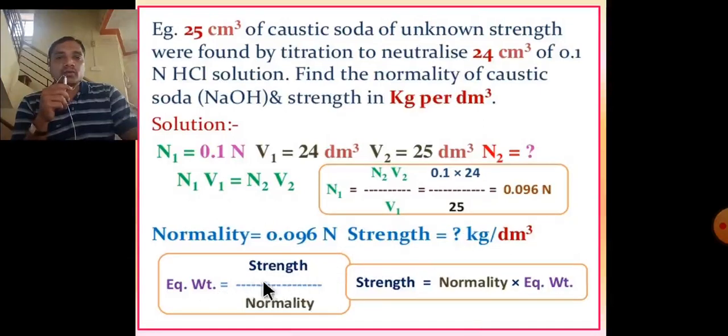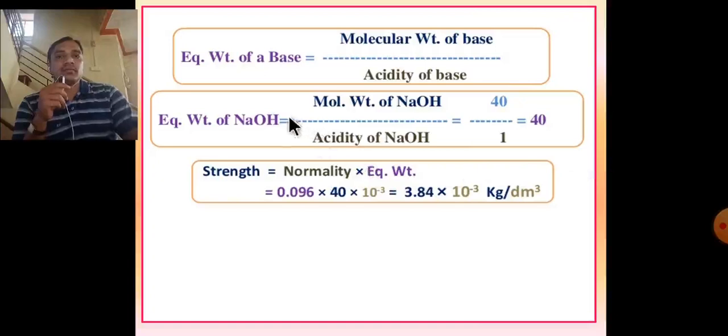Strength is to be calculated in kg per dm cube. Equivalent weight is equal to strength divided by normality. Strength is equal to normality into equivalent weight. Equivalent weight of substance is equal to molecular weight of substance divided by acidity of the base. Equivalent weight of NaOH is equal to molecular weight of NaOH divided by acidity of NaOH.